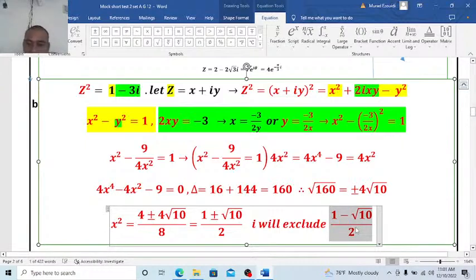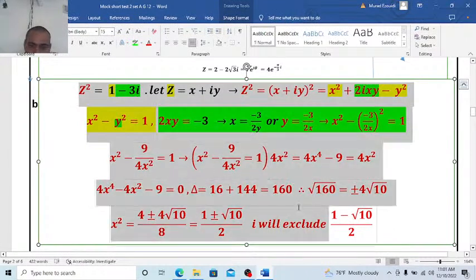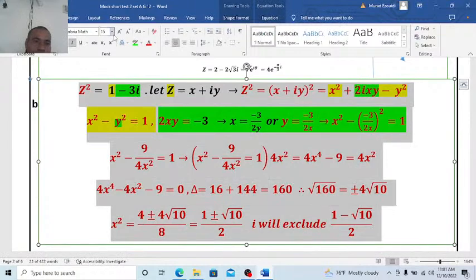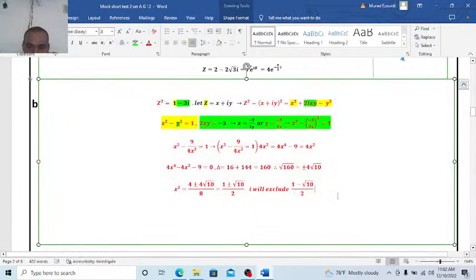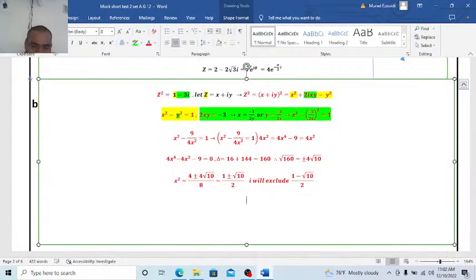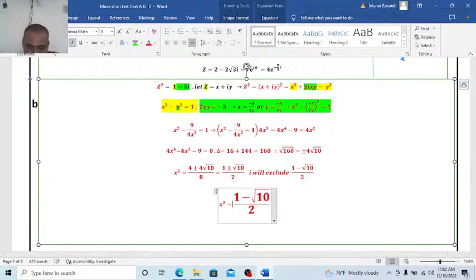Therefore, x square is equal to 1 plus the square root of 10 divided by 2.